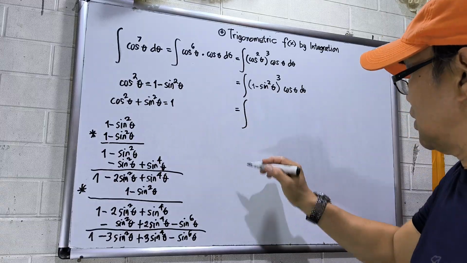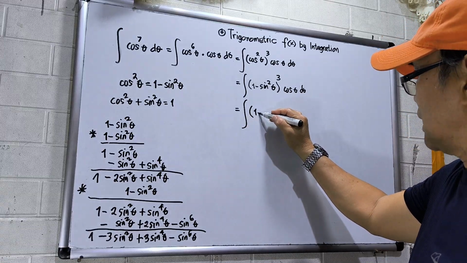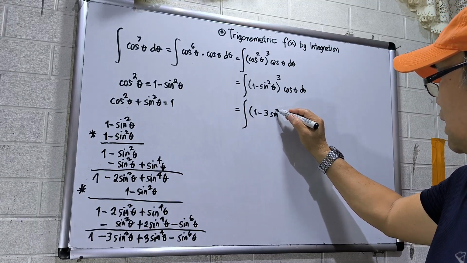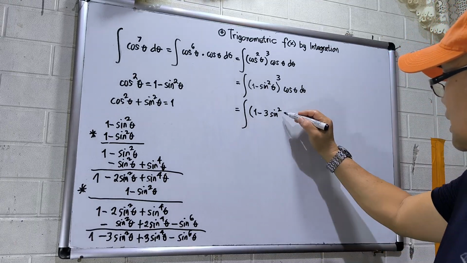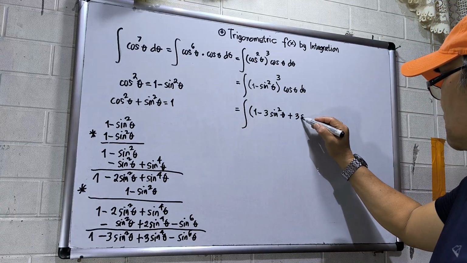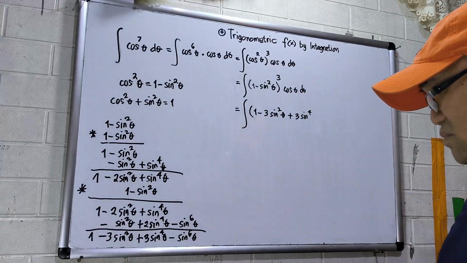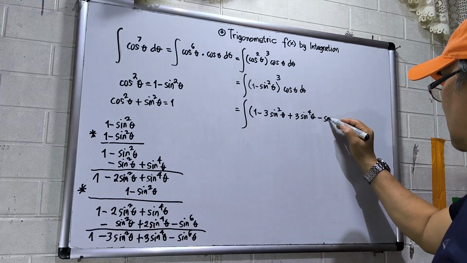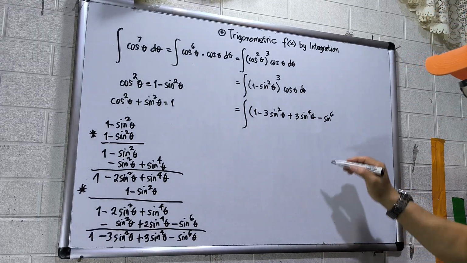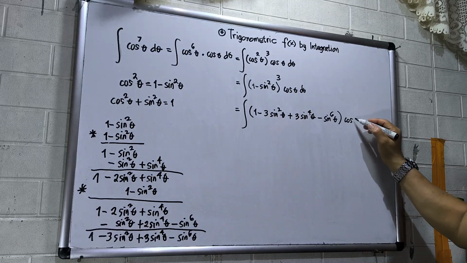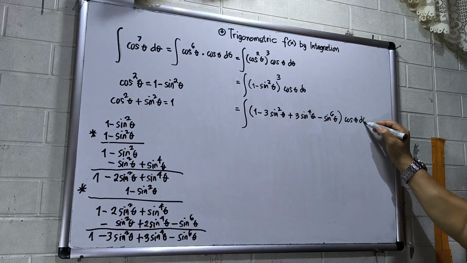So integral of parentheses 1 minus 3 sine squared theta plus 3 sine to the 4th theta, then minus sine to the 6th theta, then times cosine theta d theta.